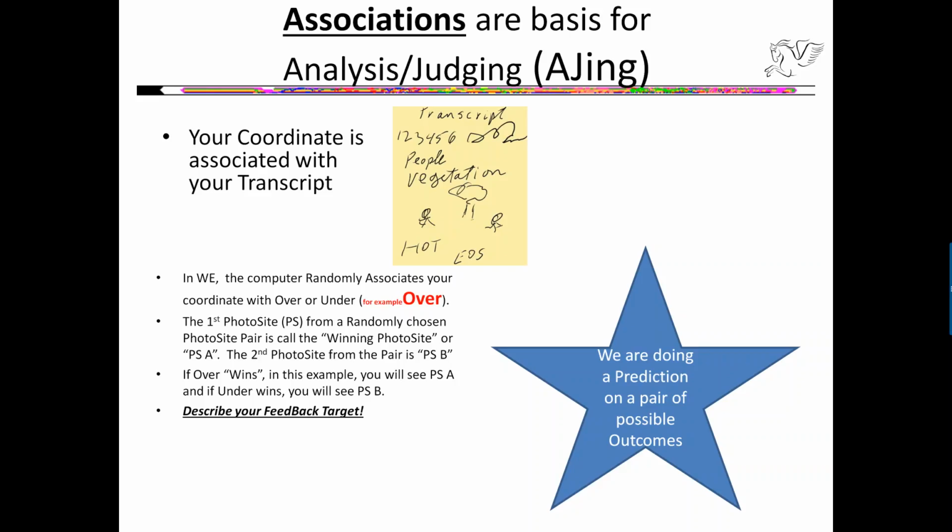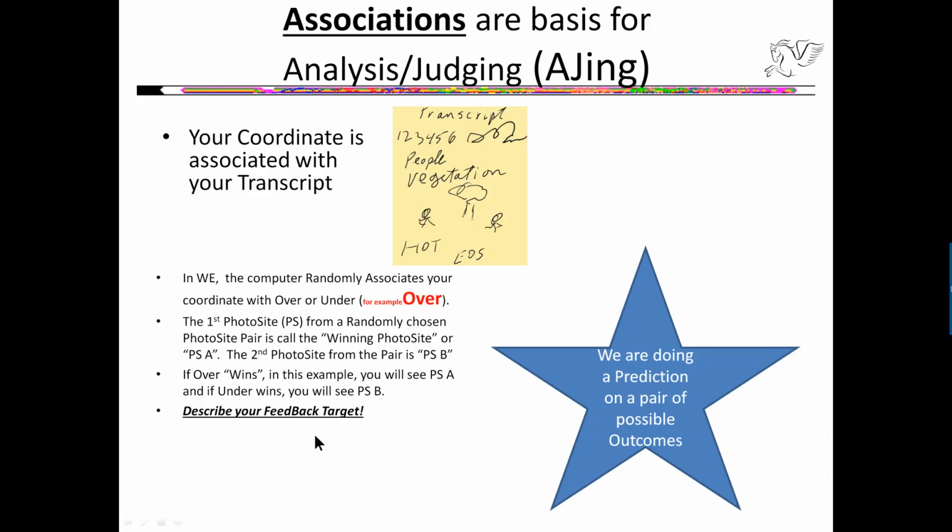And you need to have two choices because you don't know what the outcome is, but you are sitting here as a judge now, saying, oh my gosh, look how well he did, let's say in this example with photo site A. Well, the only reason he did so well there was because he saw it at feedback time and he did his tasking correctly. On the other hand, if there was a good match with photo site B, then you'd say, oh, then over didn't win, under must have won because he did a good match with photo site B.